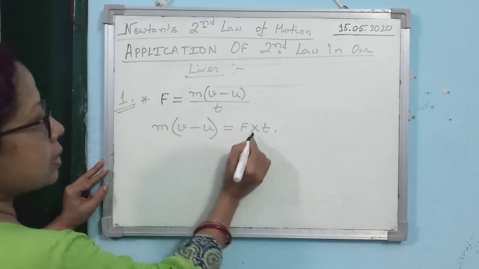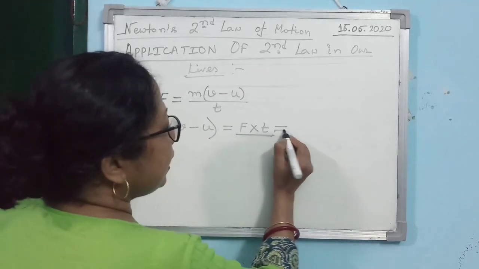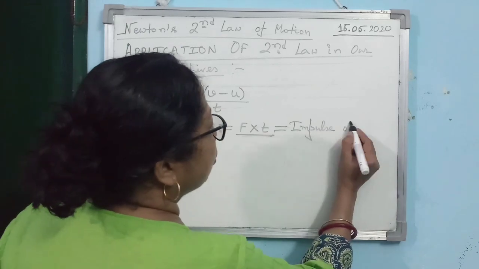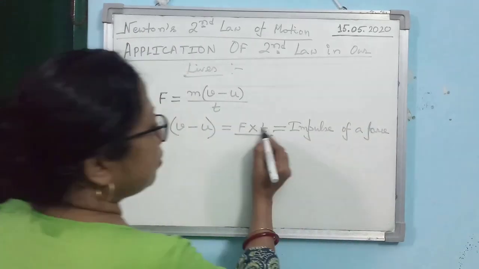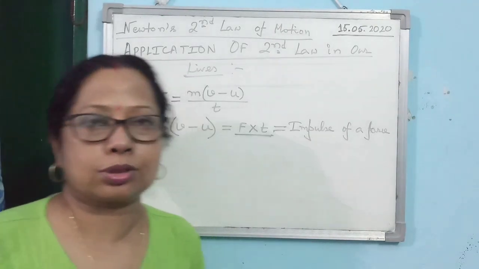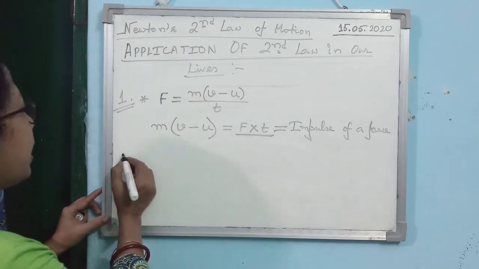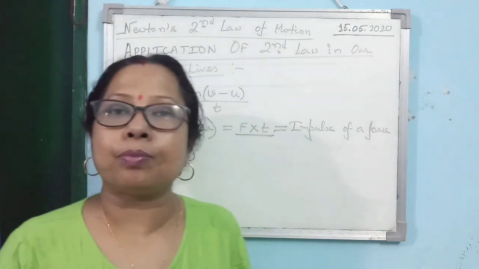Now, this force into time is known as the impulse of a force. Force into time is known as impulse of a force. Now, consider the example of catching a cricket ball.